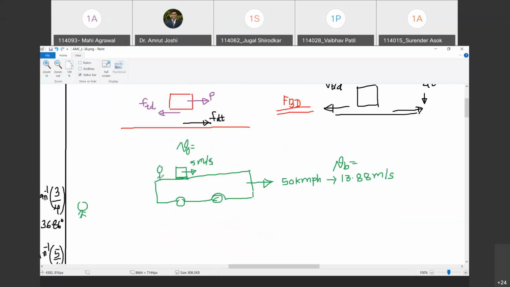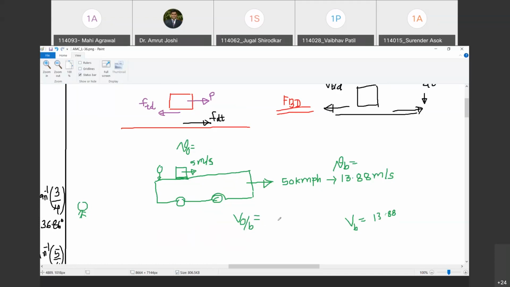So what is the velocity of the observer? 13.88. So the velocity of the bus or observer is 13.88. Are you with me? And what is now the velocity of the bag or object relative to the velocity of the bus where the observer is sitting?